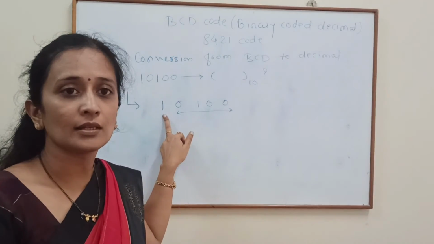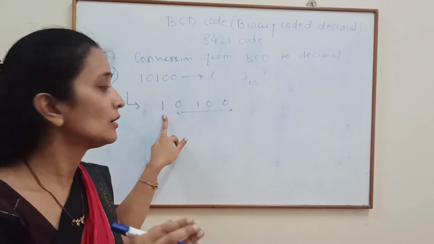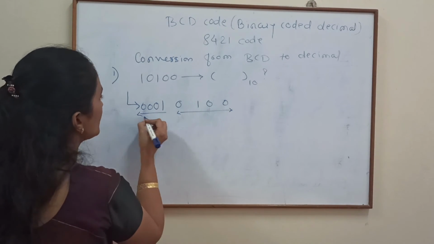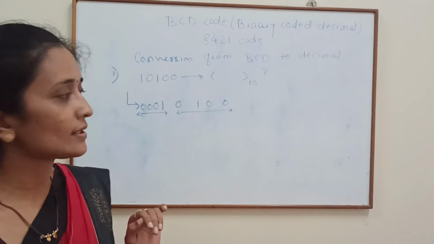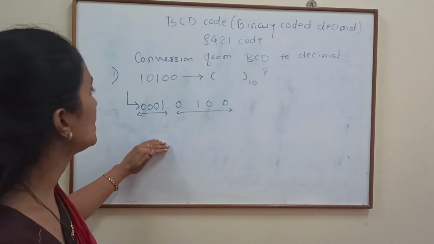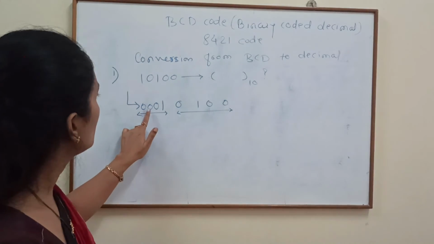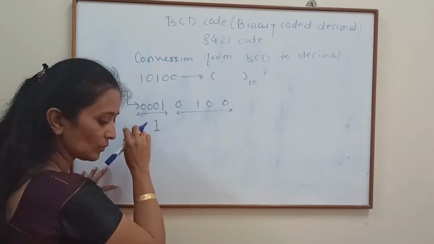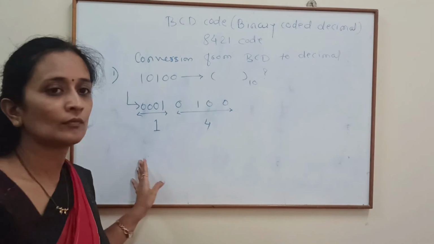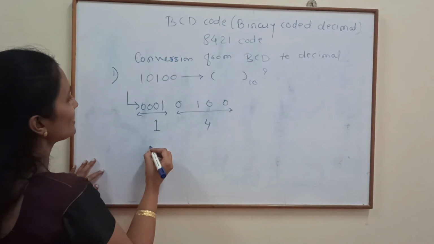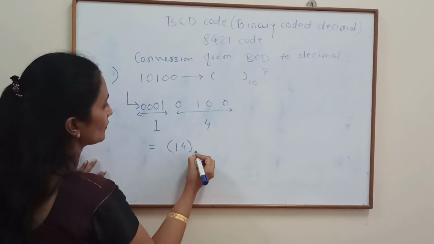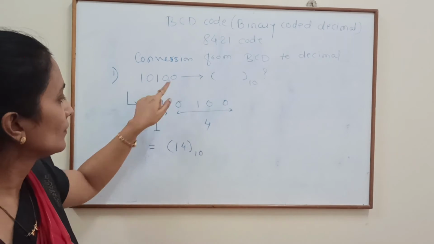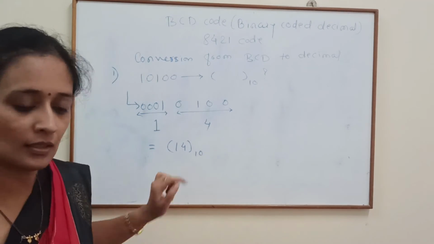Remaining only one digit is there. If any place is short, you can place 0 here. 3 zeros I will place here, then I will form 2 groups. Now write the equivalent decimal number of each binary group. 0001 means what? 1. And 0100 means what? 4. Therefore, the equivalent decimal number is 14. 10100 in BCD is equivalent to 14 in decimal.